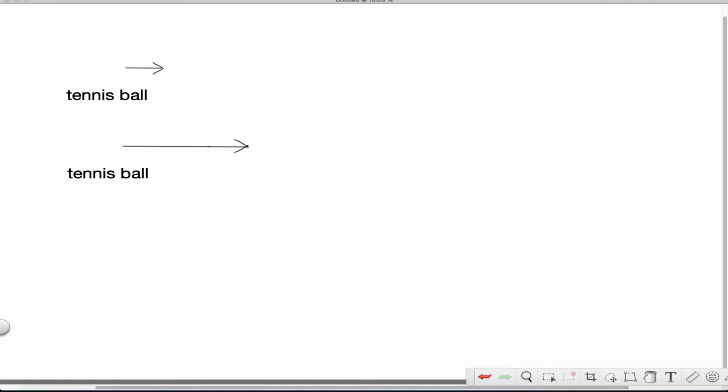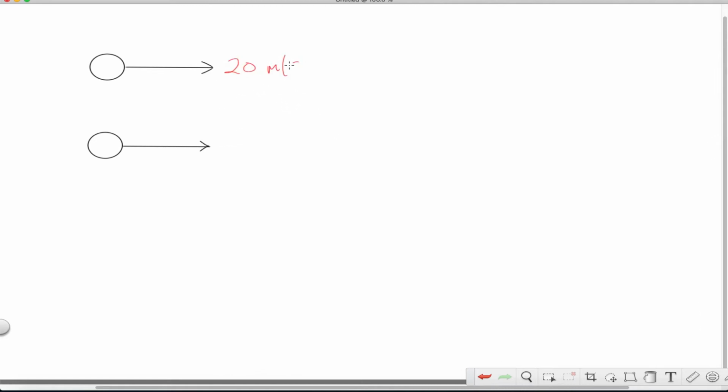So let's then consider two different masses. Let's say these two are traveling at the same speed, both 20 meters per second.